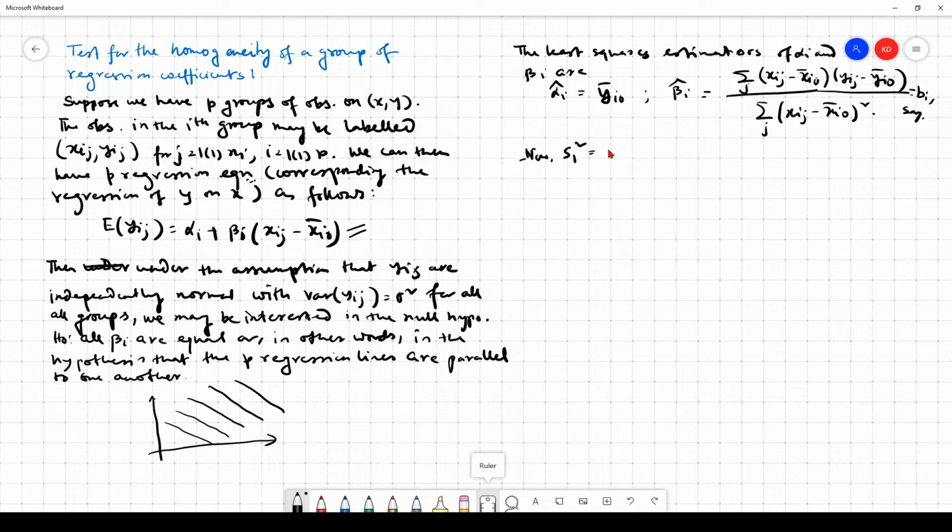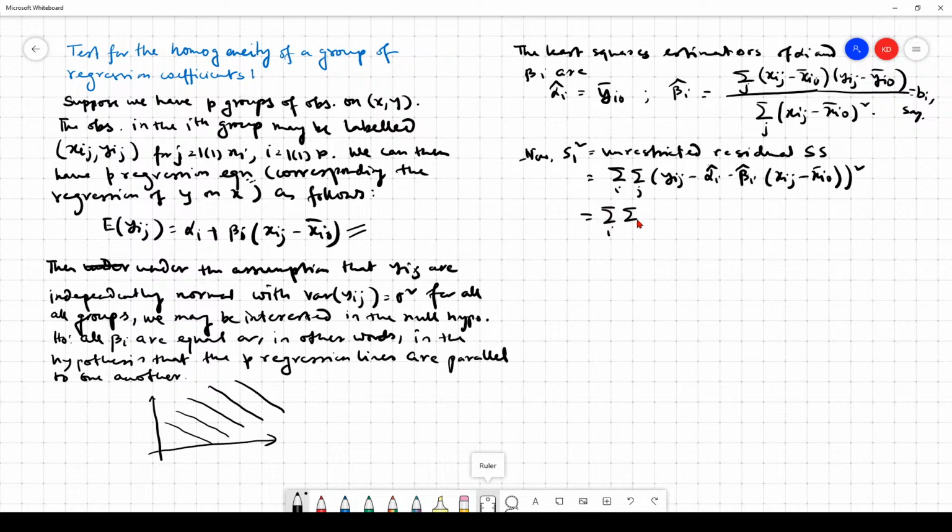Now, S1 square, which is the unrestricted residual SS, is equal to sum over i, j of yij minus alpha i hat minus beta i hat (xij minus xi naught bar) whole square, after replacing alpha i and beta i hat.